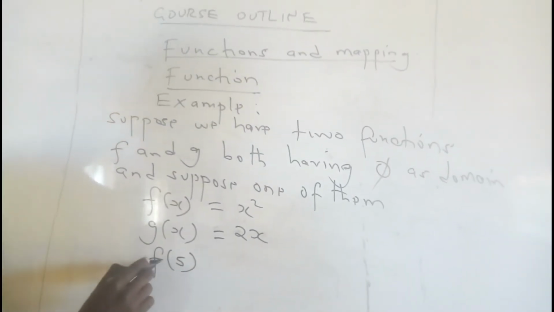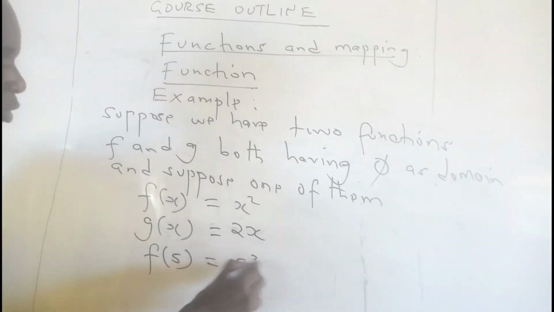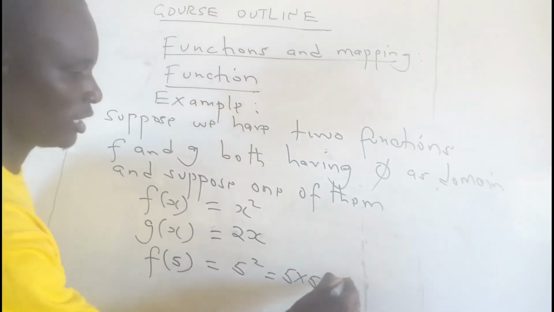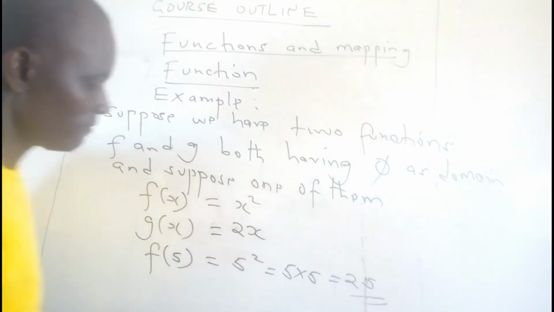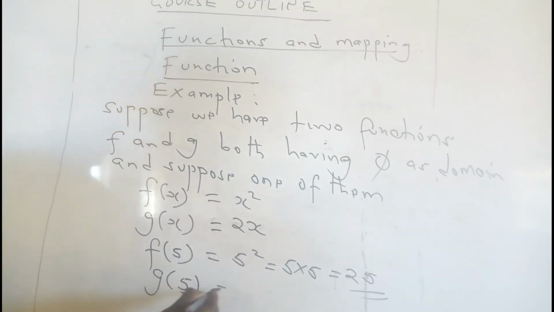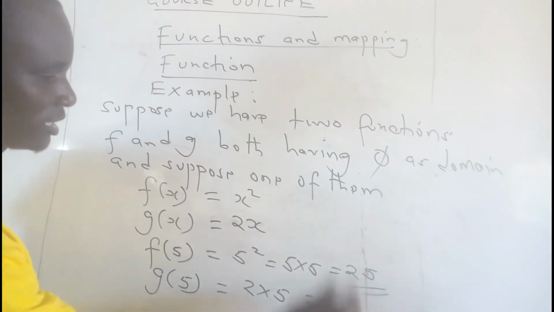For example, if I want to find f of 5, this gives me 5 squared, which is the same as 5 times 5, and this gives us 25. Then we can also have g of 5, which gives us 2 times 5, which is 10.